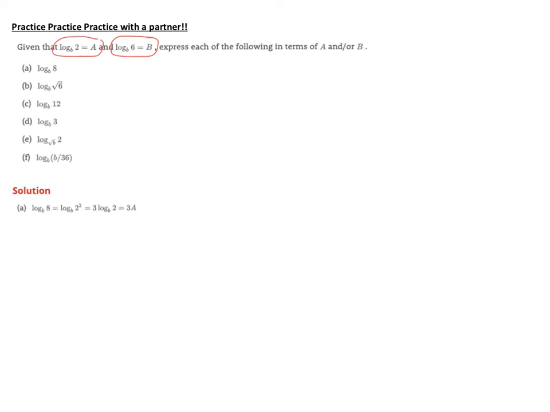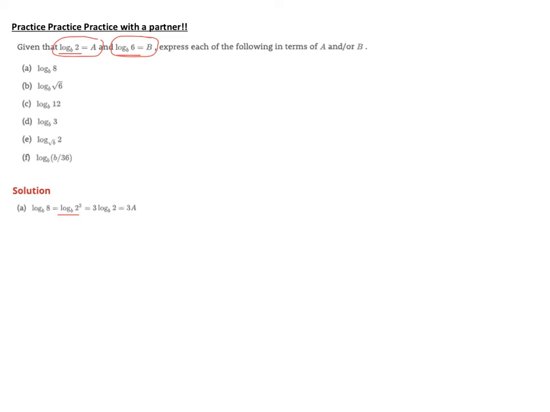So looking at the first one, you'll see that one's done for you as a solution. Log base b of 8. Well, you can rewrite log base b of 8 as log base b of 2 cubed. And the reason I'm doing that is because I'm trying to get this to look like up here, one of those. In this case, I get it to look like a.